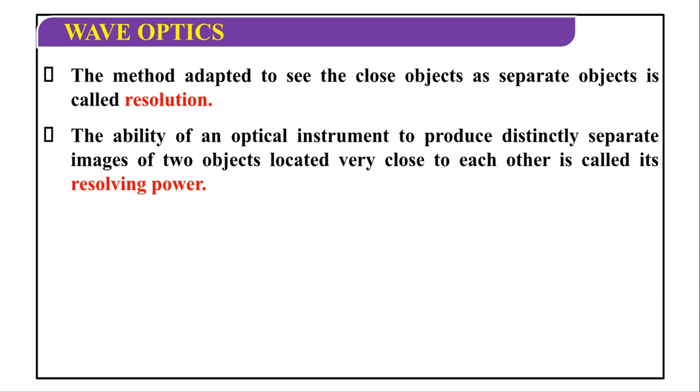For more information, students, let's take the example of a car. A car has two headlights. If the car is far from you, you can obviously see both headlights, but as it comes nearby, you can't resolve them because of the high intensities.